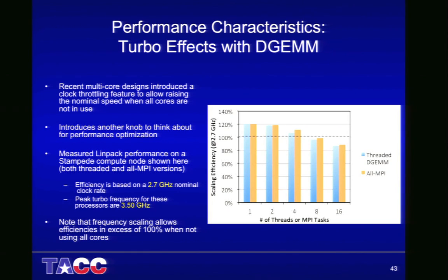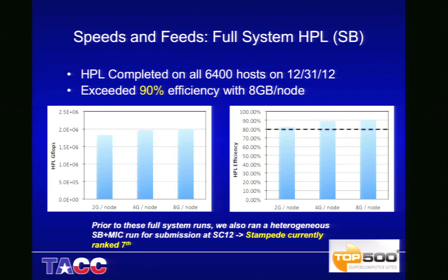If you base it on this value and you run 1 thread or 2 threads or 4 threads, you'll notice that you get more than 100% efficiency, and that's because of turbo mode kicking in. I thought this was a very interesting discussion this morning from class: it's another knob we have at our disposal. Maybe we should use fewer threads at certain times to actually take advantage of the turbo throttling.